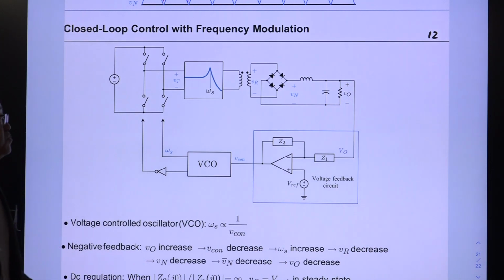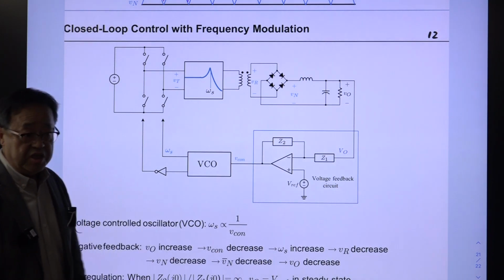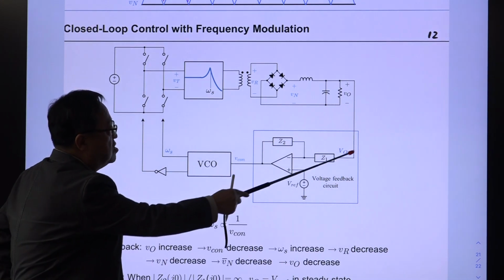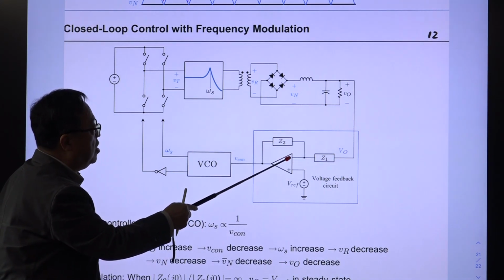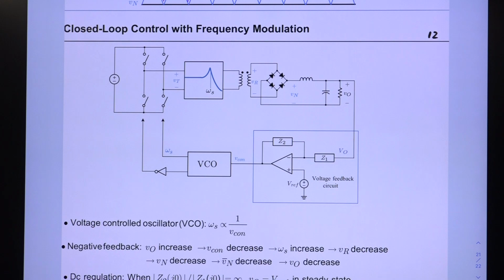Right? And suppose somehow our output voltage is increased from the desired value, for some reason. As I said, this goes to the negative sign, the inverting terminal. Then this goes up, this control goes down, V con goes down. So suppose VO is increased, and the control voltage goes down.